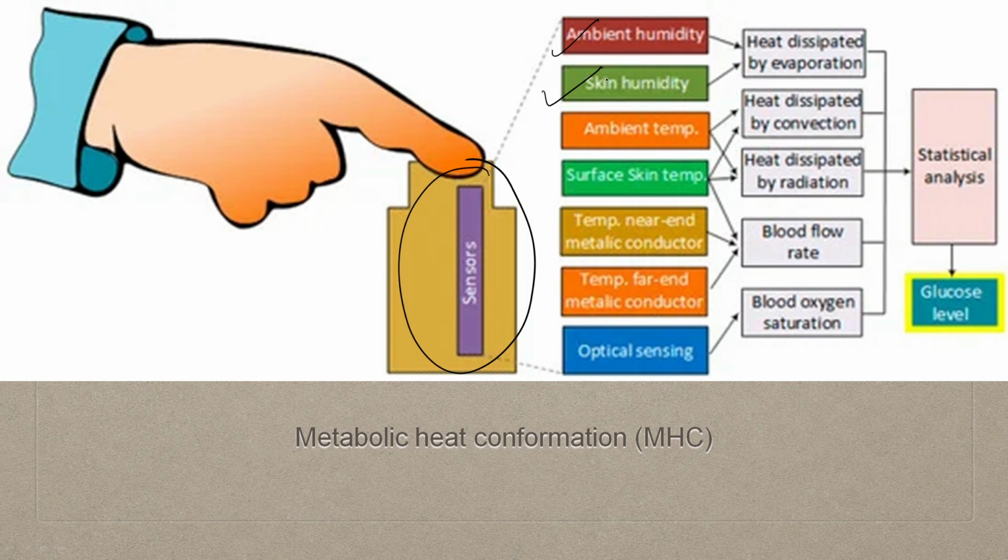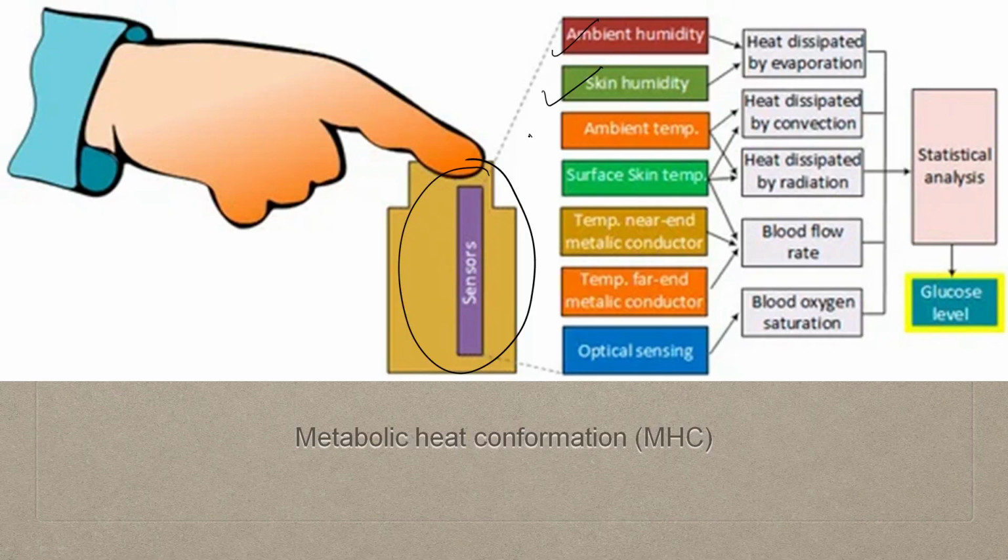It means how much water is present on your fingernail, because there are people who generate more sweat versus others. So, you have to understand the amount of sweat being generated by the individual from whom you are collecting the data. That is the skin humidity.